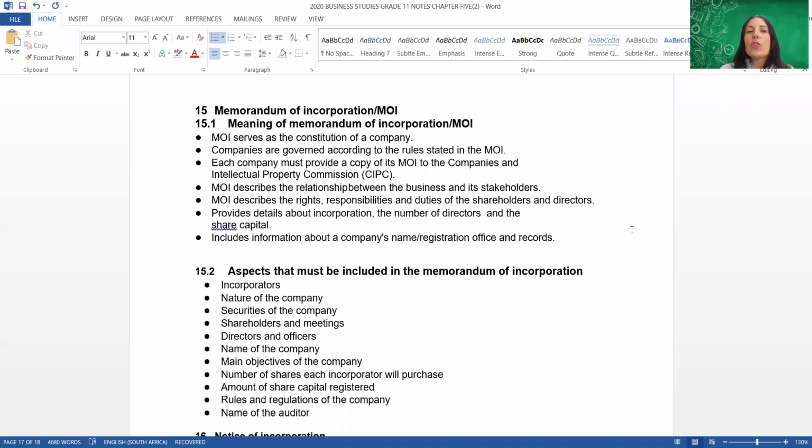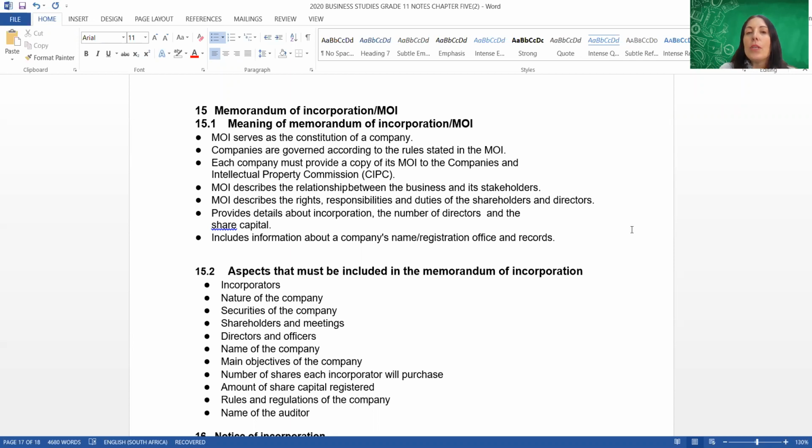This serves as the constitution of the company. Now, what does that mean? It means this is the basis of the company, what this company sets out to achieve, what the business operation is about. So this is like the foundation of the company.